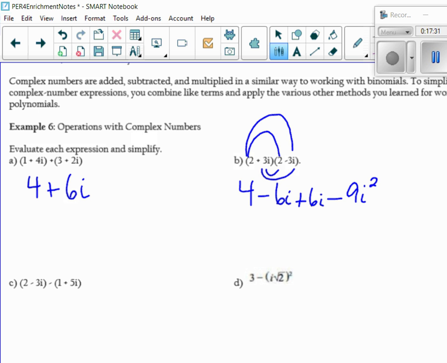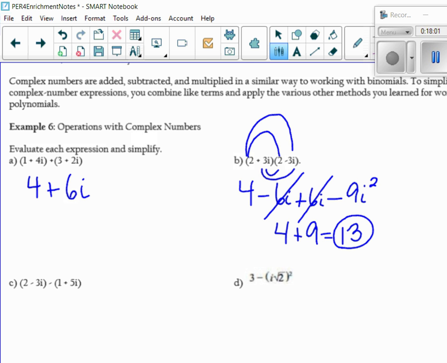Okay, does everybody see minus 6i and plus 6i will cancel? Now, does anybody know what minus 9i squared would be equal to? Well, what is i squared equal to? Minus 1. And then we have a negative 9. So this would be 4 plus 9, which gives me 13. Isn't that crazy?